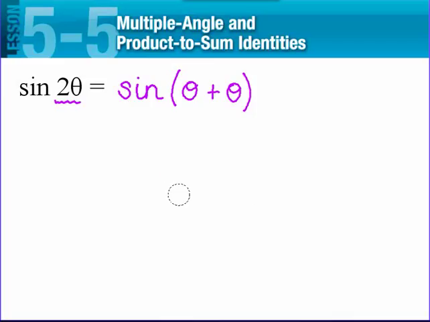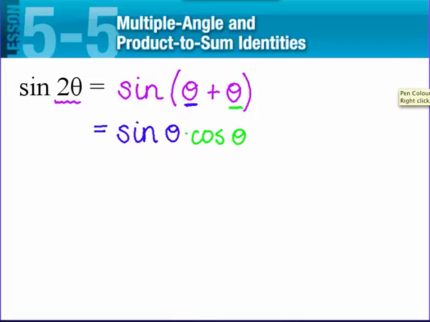Based on that, I'm now going to expand it using the sum formulas that you had. The sum formula is sine of theta, the first one, times cosine of theta, the second one. Remember with sine, if I added the 2 angles, I add down here.